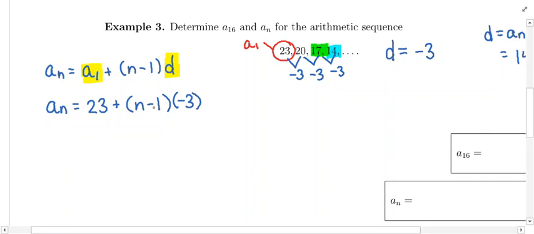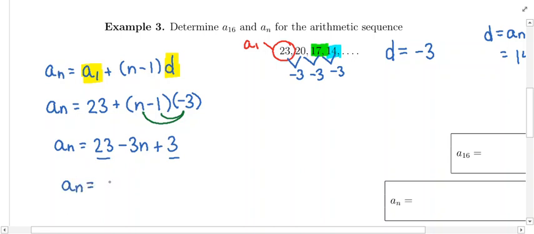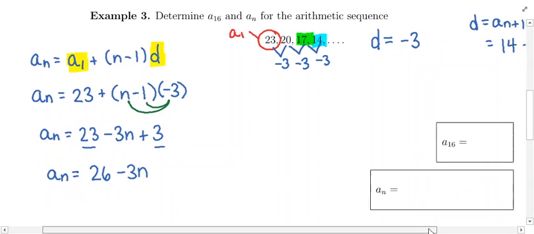We can distribute the -3 here and here. So AN is 23 minus 3n, then negative times negative is +3. If we combine like terms, we get that the nth term in the sequence is given by 26 minus 3n.